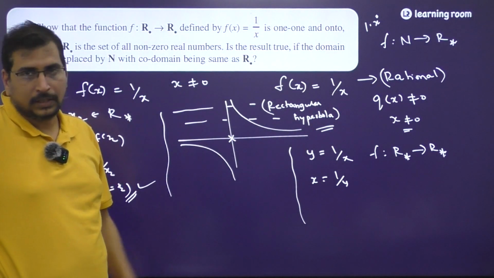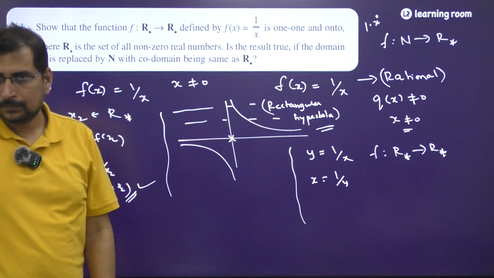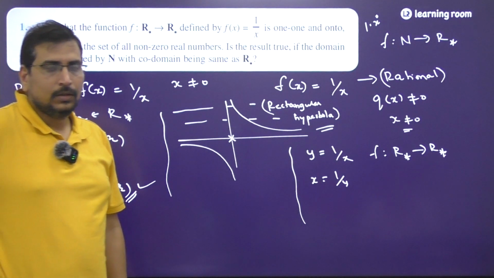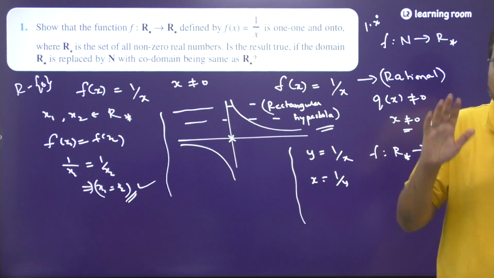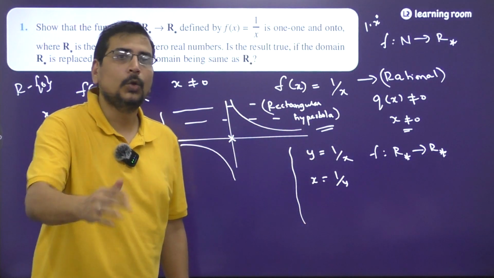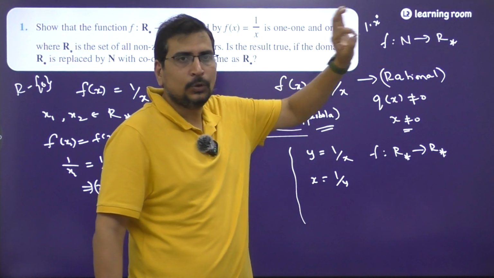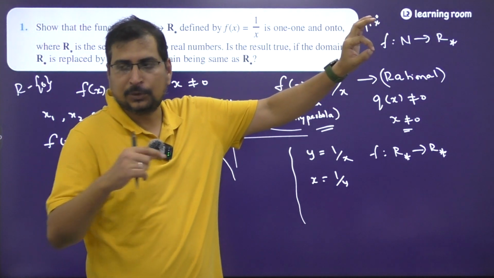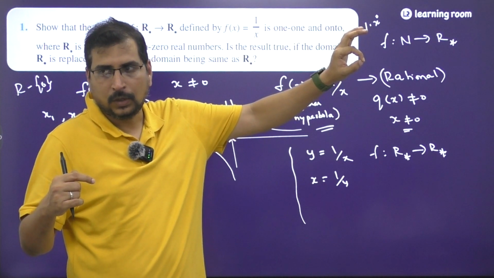Right? When you take the natural number set, is it going to be 1-1? No, don't get confused between 1-1 and onto. Your mind should work independently. 1-1 says that for every input that you give, the output should be unique. Where does the set start from? When you substitute 1, the output is 1. When you substitute 2, the output is half. When you substitute 3, the output is 1 by 3.